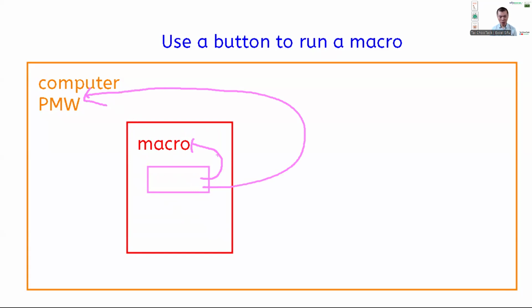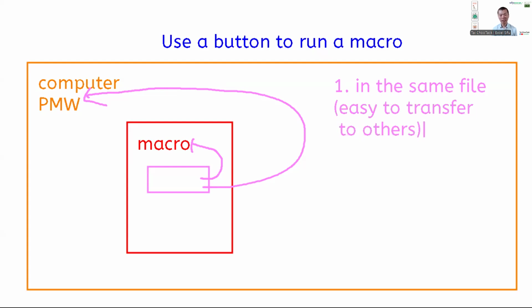If the macro is in the same file, it is easy to transfer to others. Because the macro is within the same file, if I transfer it to the next person, the person can use the macro.